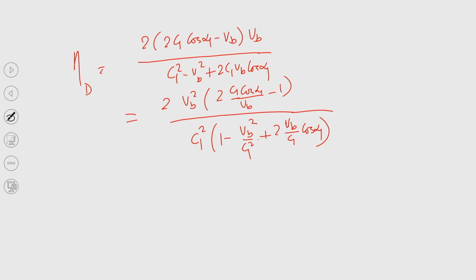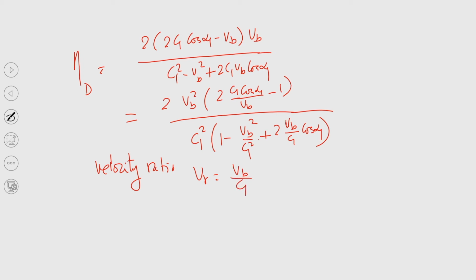Okay, so, I can write in this form. You can understand we are trying to write in the form of, so we are defining velocity ratio. Velocity ratio, that is what we have done even in case of the impulse turbine. Vr, that is nothing but Vb by C1.